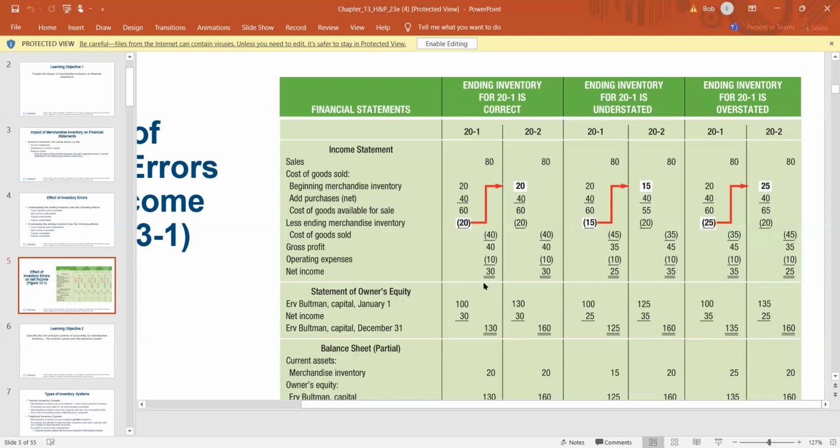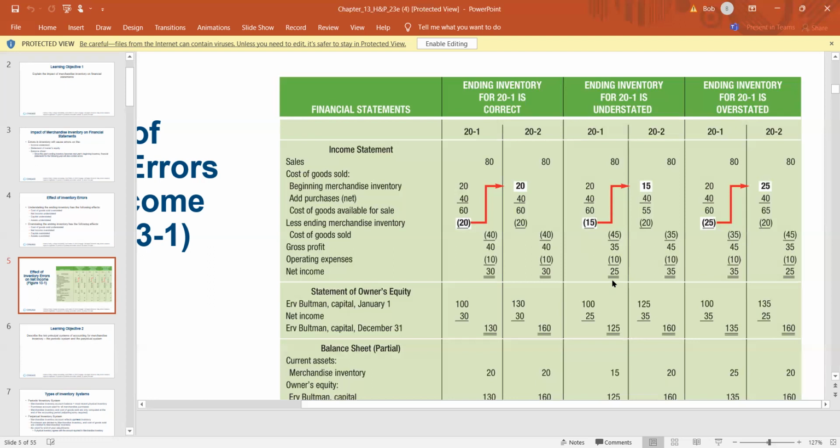You, as the owner of this company, expected to make $30 million. Let's think big, right? You expected to see an income of around 30 million. And because they made this counting error, you came down quite a lot to 25 million.